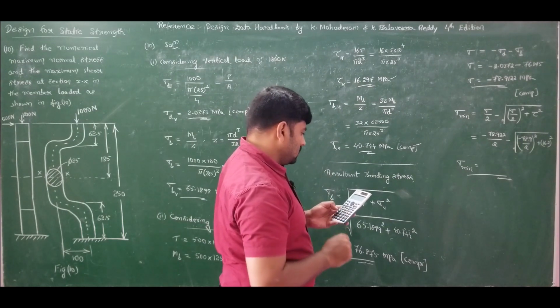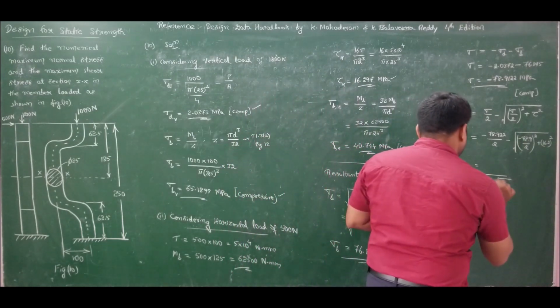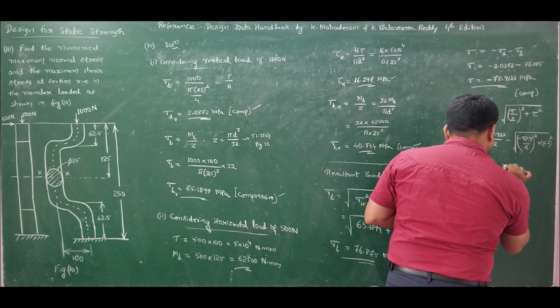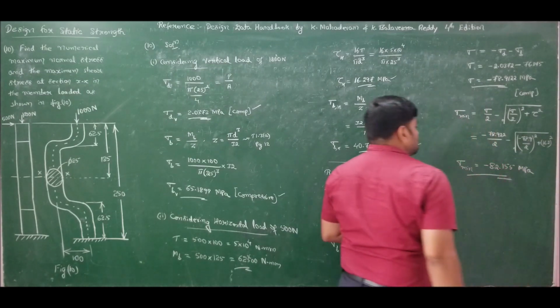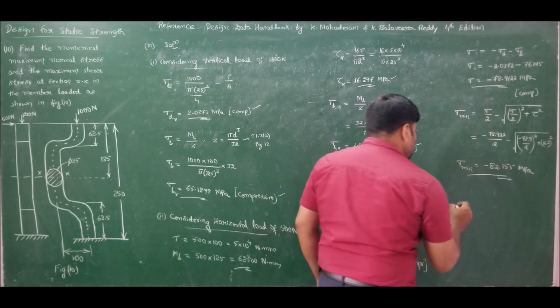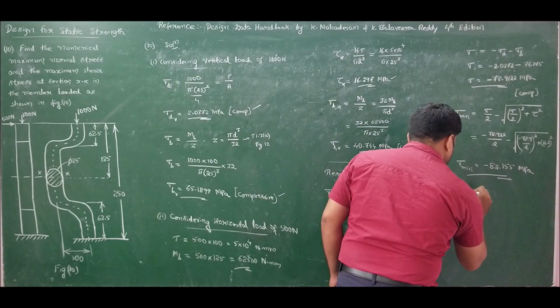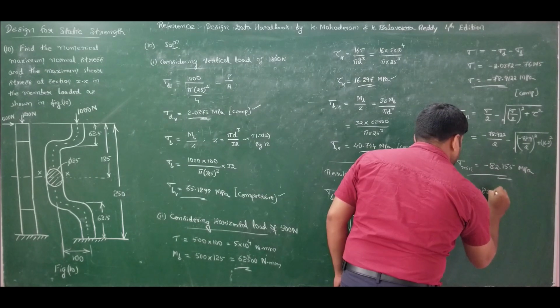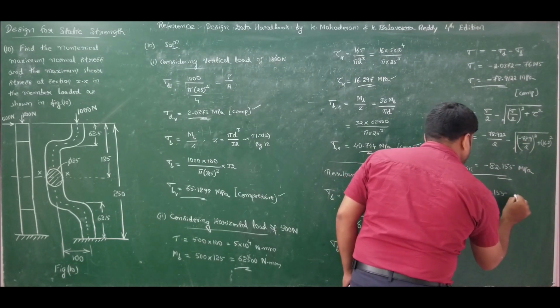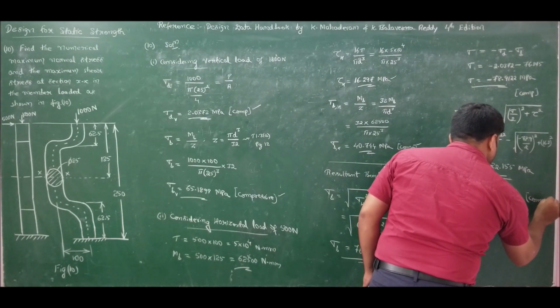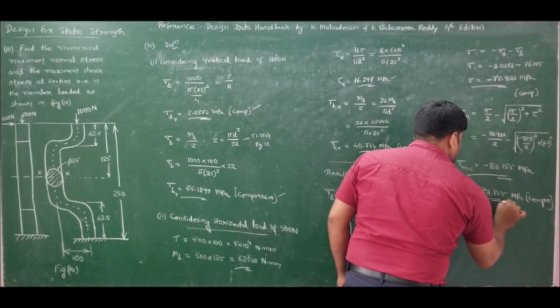So I will get sigma minimum, which is numerically maximum for us, and it turns out to be minus 82.155 megapascals. So the numerically maximum normal stress, sigma max, will be 82.155 megapascals, which is compressive in nature.